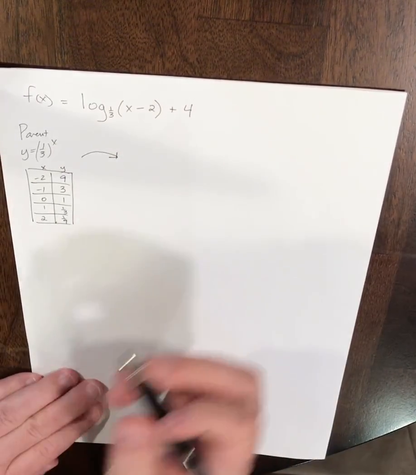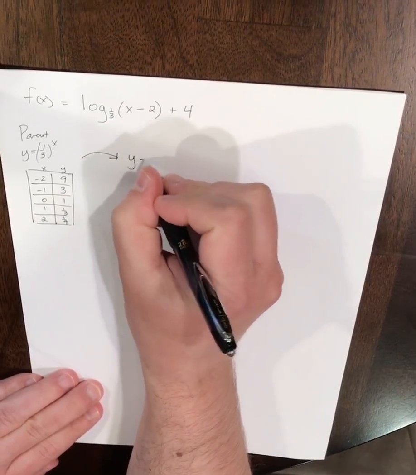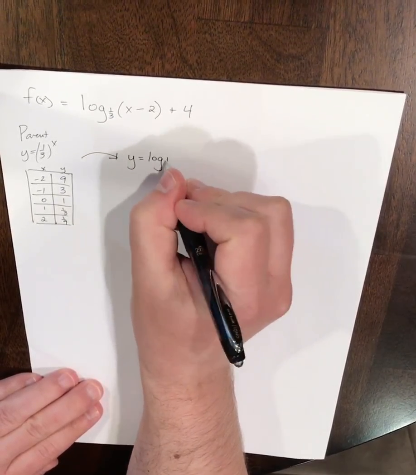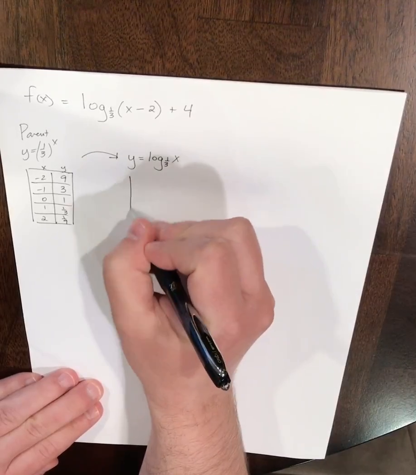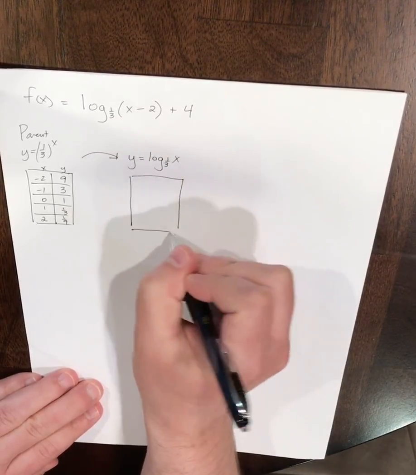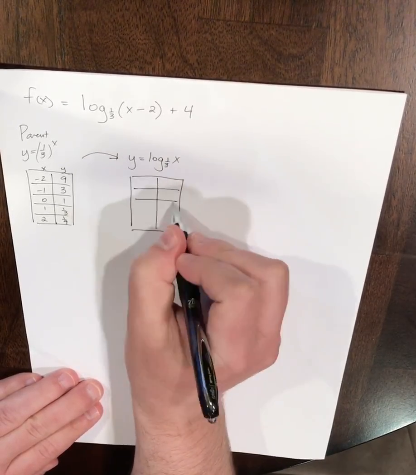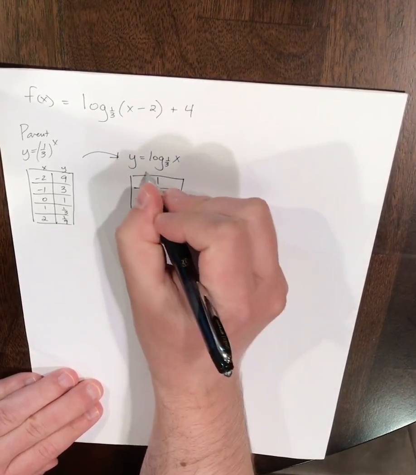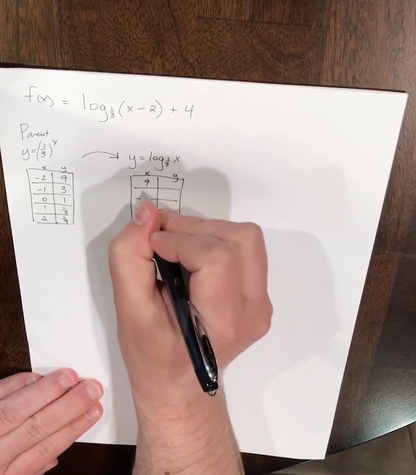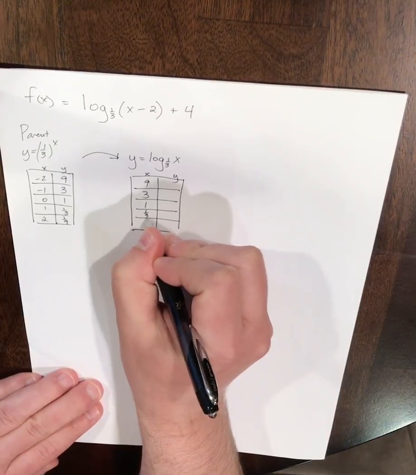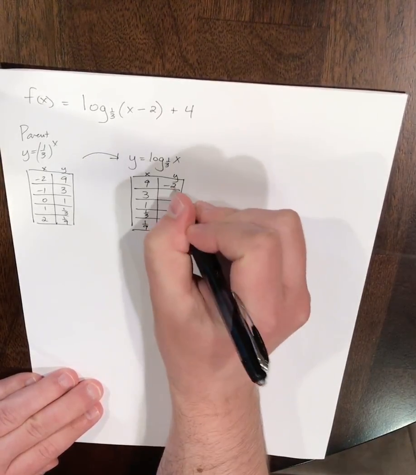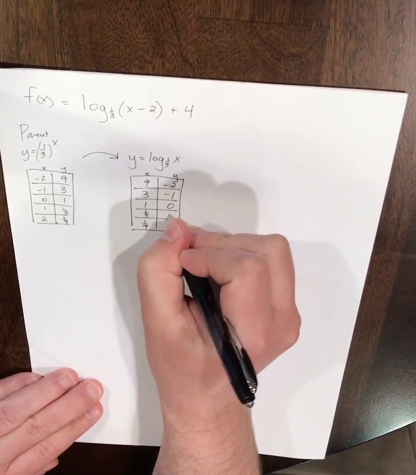I then switch the table around for its inverse, which would be the log base 1/3 of x. So 9, 3, 1, 1/3, 1/9 here, and negative 2, negative 1, 0, 1, 2.